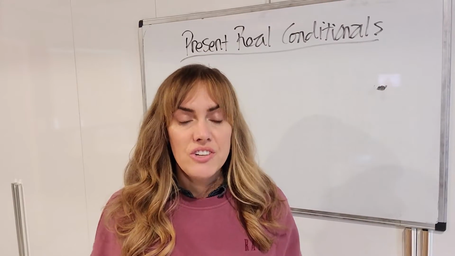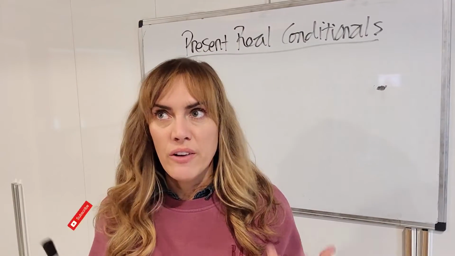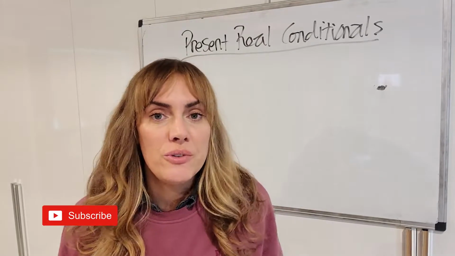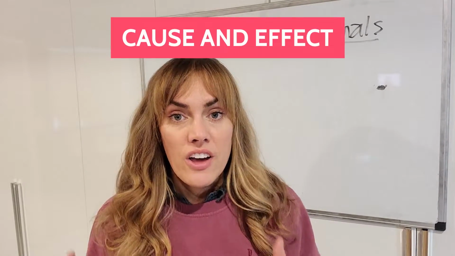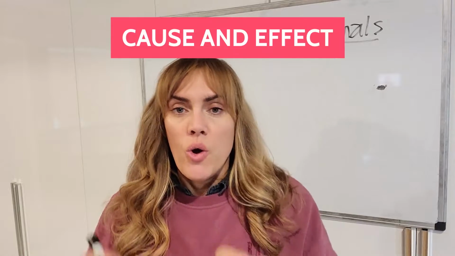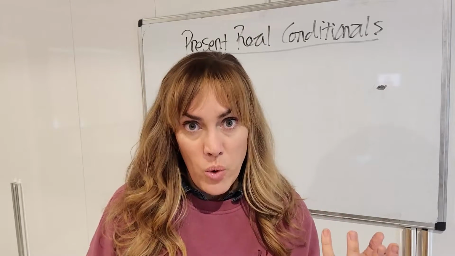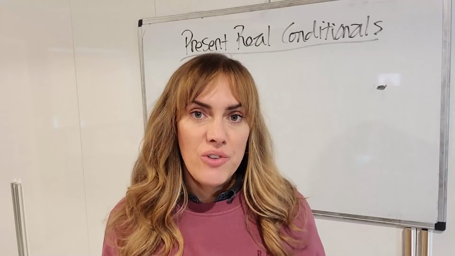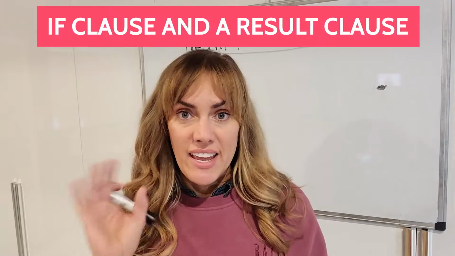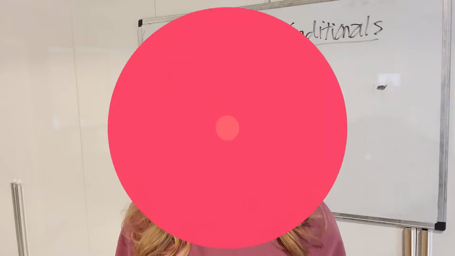So a conditional is a sort of construction that we use to talk about cause and effect. If one thing happens, then another thing will happen. And to show that, we use an if clause and a result clause.